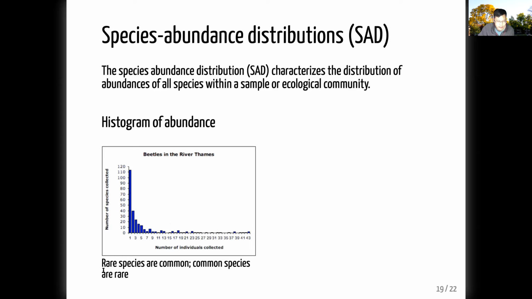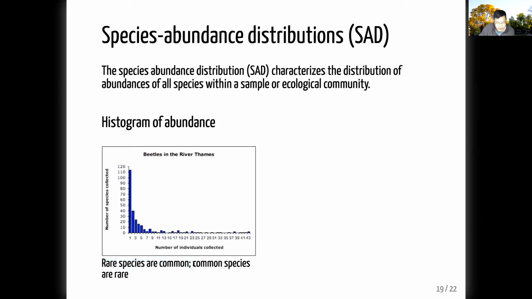What this really means is that rare species are common. Here, this highest bar has the lowest number of individuals, so they're rare, and rare species are common. And common species, which means the abundance is high with more individuals, are rare, because in this example you only have less than 10 species with high abundance.